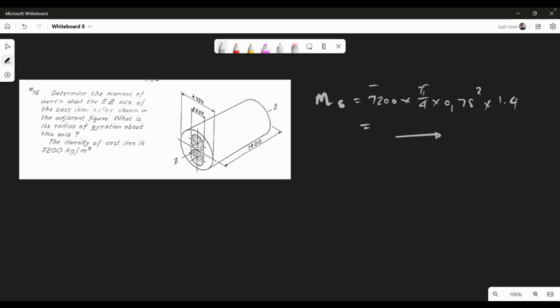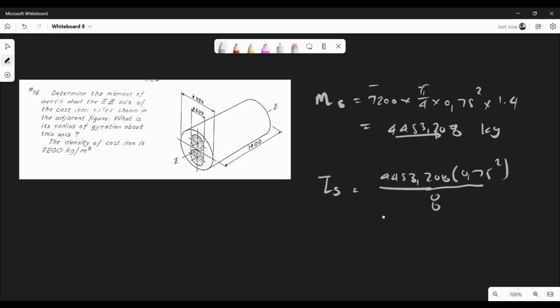So what we can do now is find the mass moment of inertia, right? That's the next step. Obviously, this is a complete solid. That's 4,453.207 kilograms, or 278 if you want. We can find the mass moment of that, and that's 4,453.208 times the diameter 0.75 squared, divided by 8.